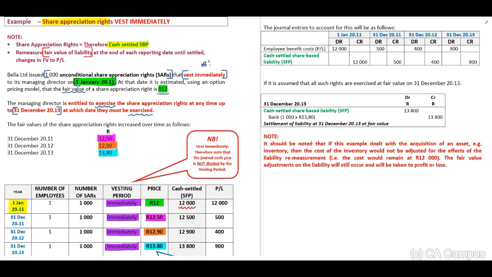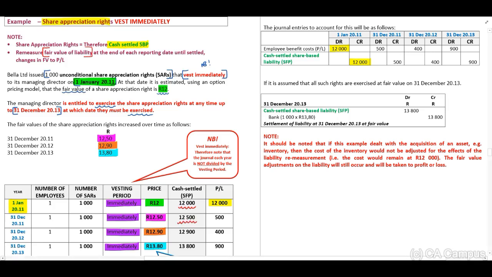Therefore, our journal entry will be to debit our employee cost with the 12,000 and credit our liability with the 12,000. Then at the end of 2011, when we remeasure our share appreciation rights, our total liability is 12,500.